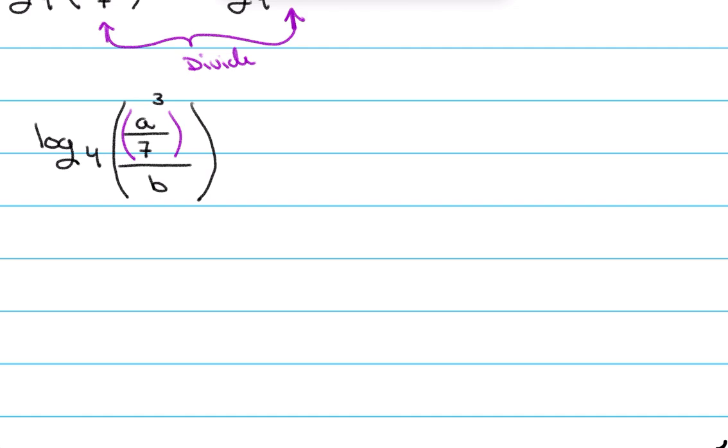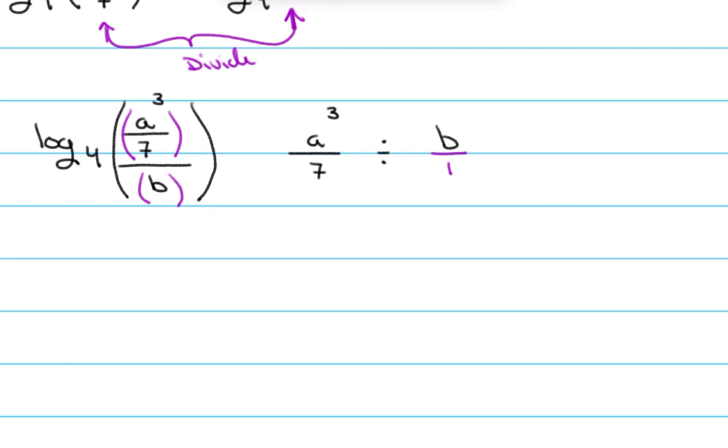All right, so when I do that, I'm going to get a cubed over 7 divided by, remember a fraction bar is division, my b, and then just so it's a fraction too, I'm going to put it over 1. Any whole number can be put over 1 and it's a fraction.